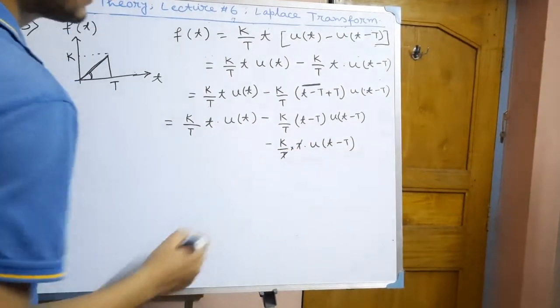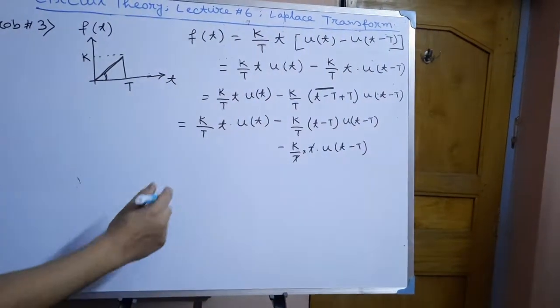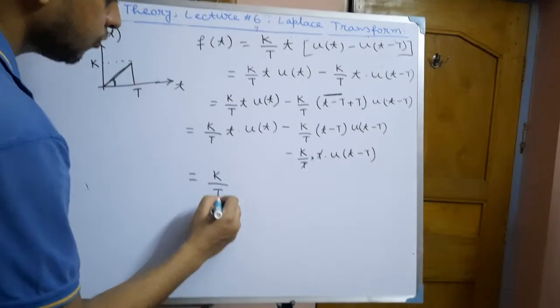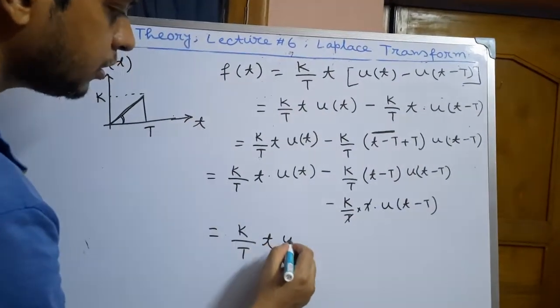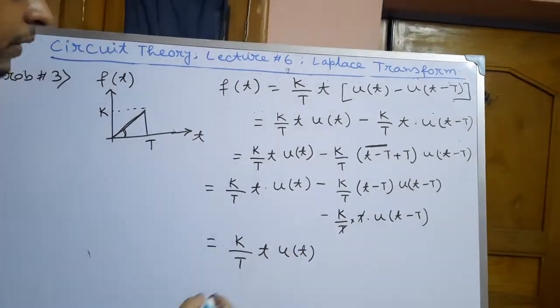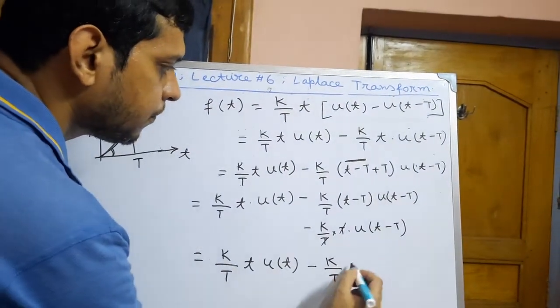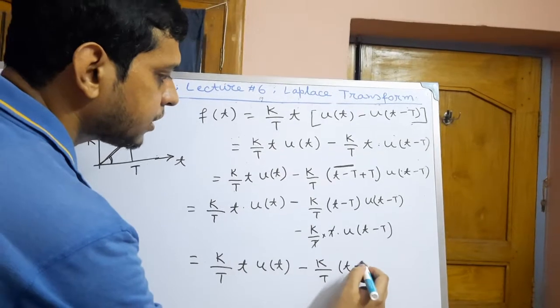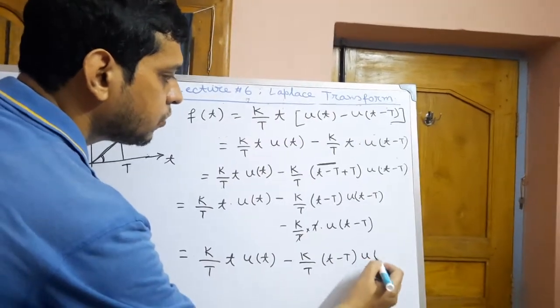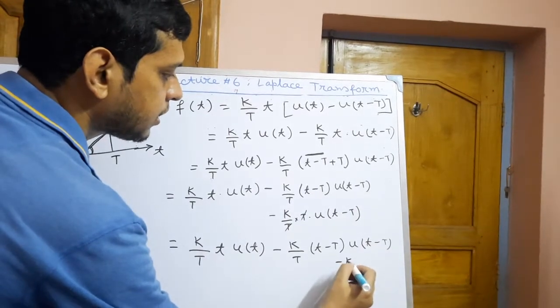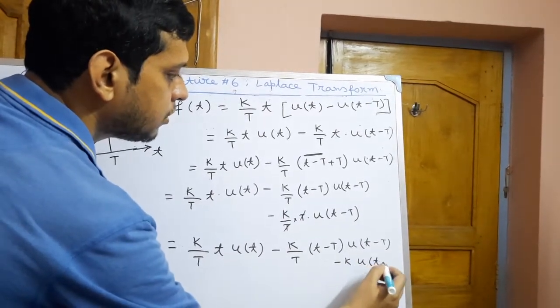So let us cancel out these two T. So finally this is equal to k by T into t u(t), minus k by T, (t minus T) u(t minus T), minus k u(t minus T).